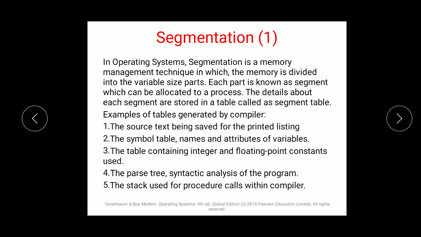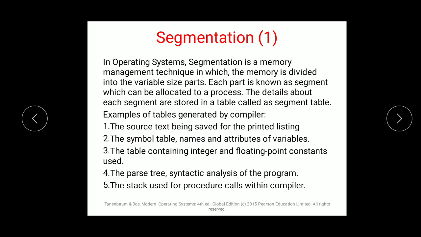So if it does not require 16 KB, it will be provided with 8 KB. Likewise, certain segments are provided. The details about each segment are stored in a table called the segment table. The details of all these variable length segments created will be stored in the segment table. Likewise, as we saw earlier, pages were compared in the page table, and segments will be compared in the segment table.